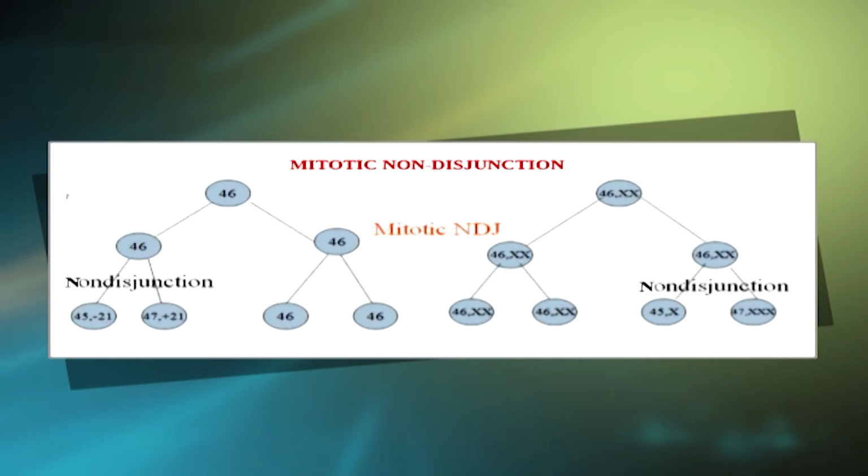If the non-disjunction occurs during the first cleavage, one blastomere receives 45 chromosomes and the other receives 47 chromosomes. So, 2 cell lines are produced. If it occurs during second cleavage or afterwards, 3 cell lines are produced. The complements of 3 cell lines are 46, 45 and 47.